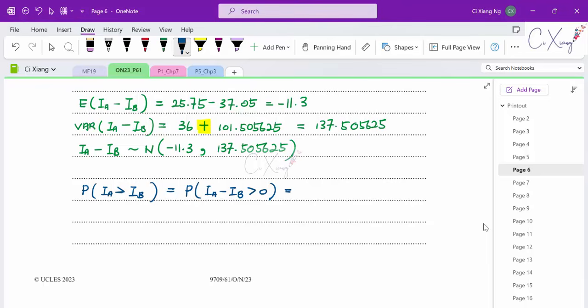Since we know that they are normally distributed, you have to change it to Z. So I'm having 0, standardize it. Minus the mean, which is negative 11.3, divided by square root of the variance, which is 137.505625.